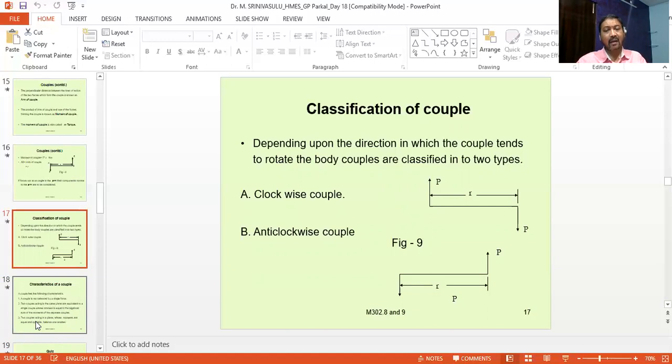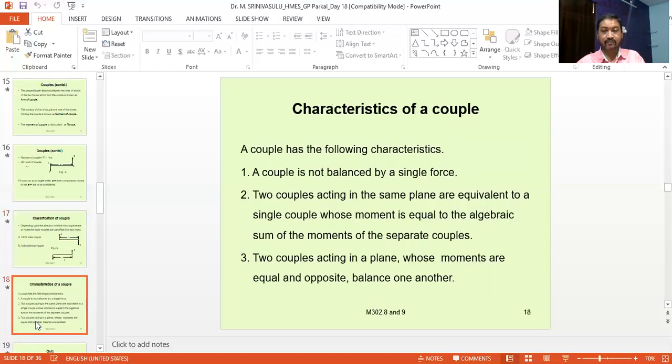However, the amount of the couple is equal to force into distance, that is P into R, and only the sign will change. Generally, the clockwise couple is taken to be negative and the anti-clockwise couple is taken to be positive.